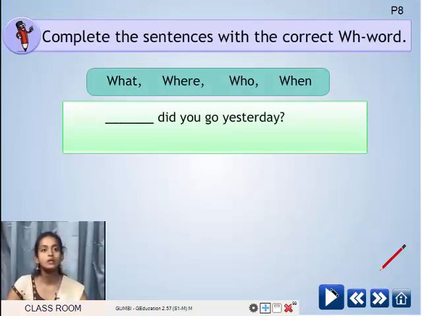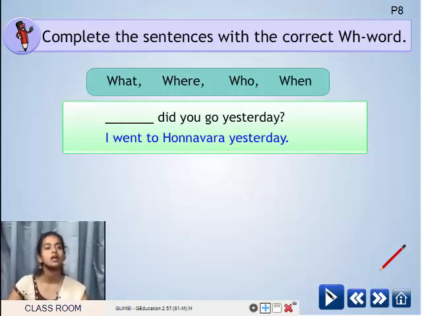Children, you have to rewrite the following sentence using the adverbs in brackets. My sister did well in the examination. So the word in brackets is fairly. See where you can fit that word, children. Where will you put fairly?